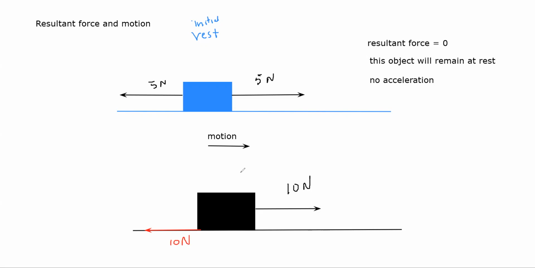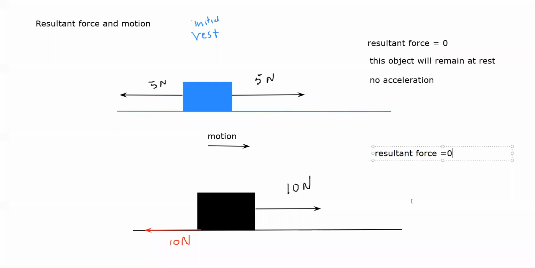What happened to this object? What is the resultant force? First thing, what's the resultant force in this example? A 10 Newton towards right and 10 Newton towards left. So what is the resultant force? There is no resultant force, or you can say the resultant force is 0.